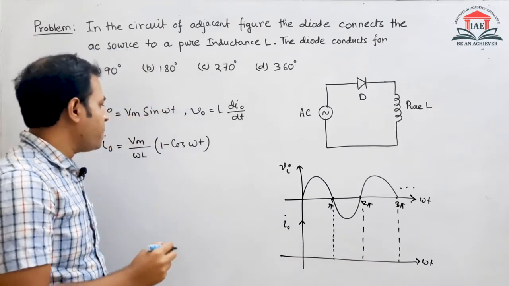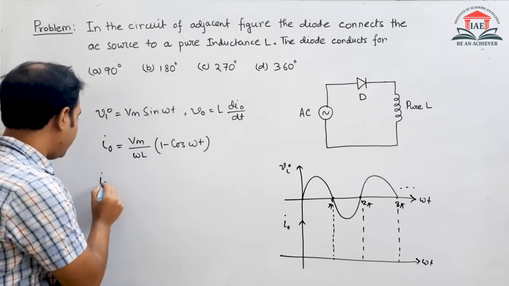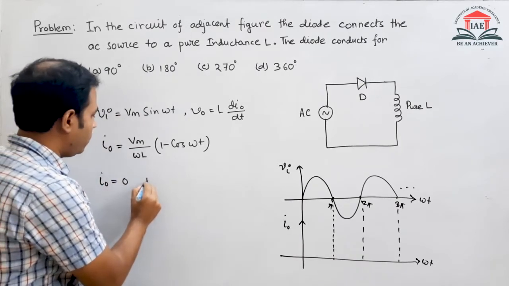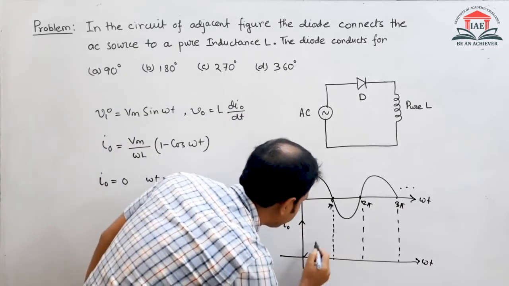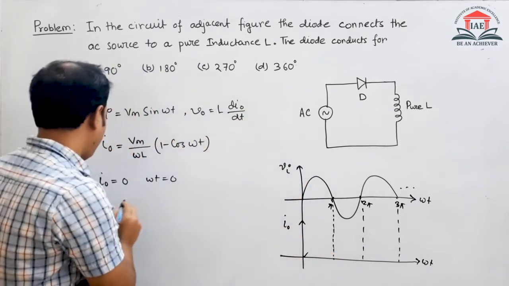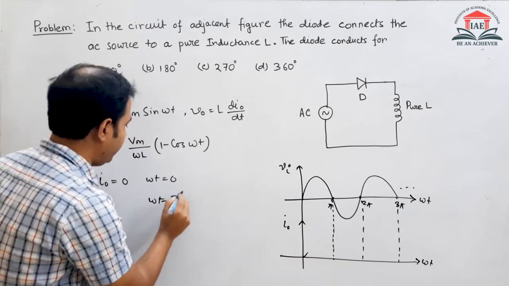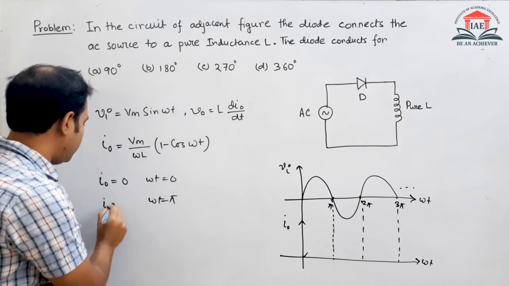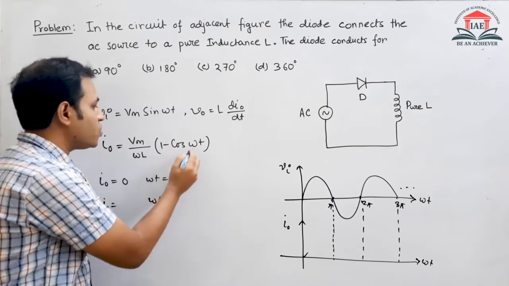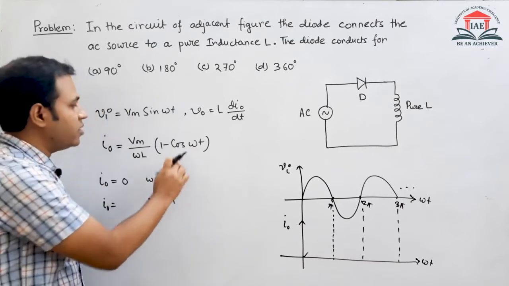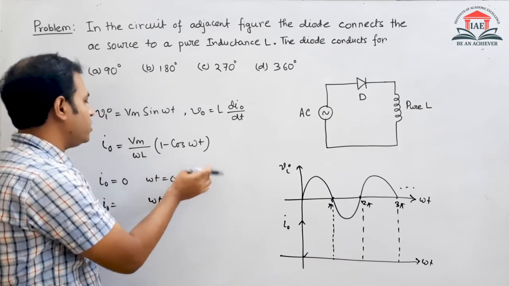So from here, if we draw the current waveform, Io is equal to 0 when omega t equals 0, so the current waveform will start from here. When omega t equals pi, the current will be 2 Vm by omega L, because cos pi is minus 1, so 1 minus of minus 1 is equal to 2.